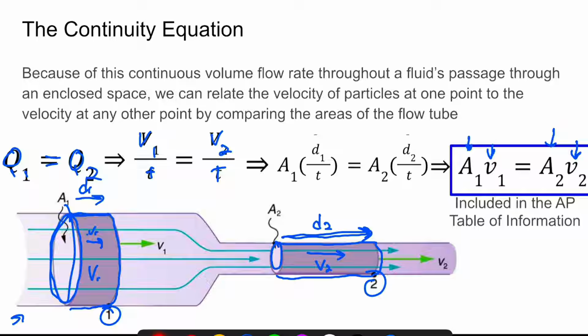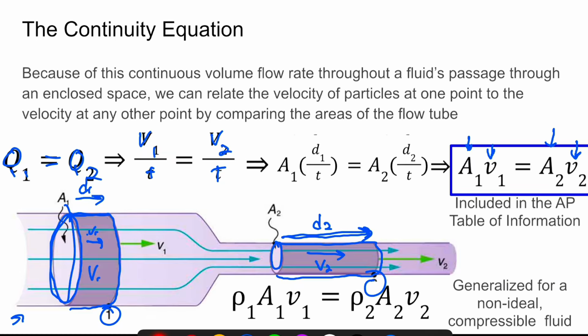And this, unlike any of the equations we've talked about so far, we can find on our AP table of information that we can use on the AP test. And this, again, only holds up for a non-compressible fluid, or an ideal fluid, or one that will not change density as it moves through the passage it's going through.